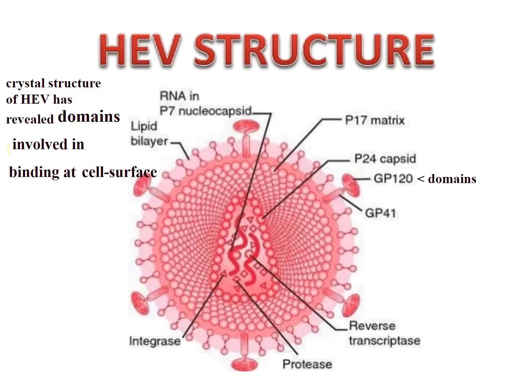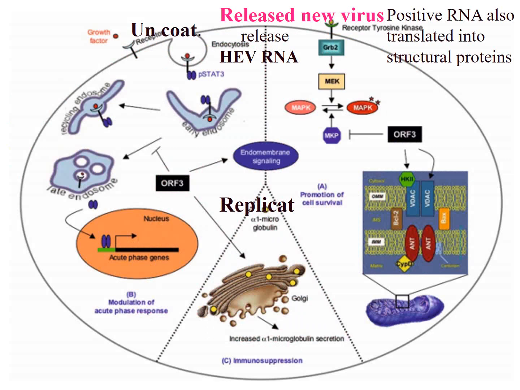When the virus comes in contact with the liver cell, it goes in through this domain. As we see now, this is the liver cell, and this is the domain.